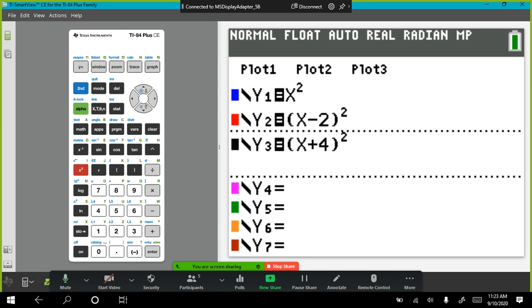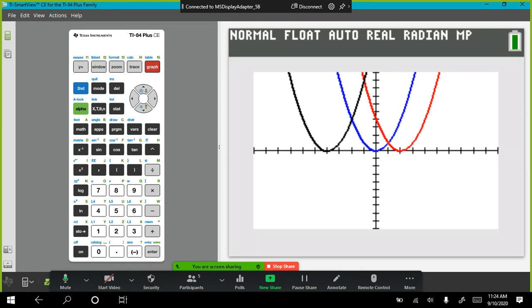You ought to be able to determine that when I add 4, that's going to shift it to the left, in a negative direction. So the side-to-side movements work opposite of how you would think. And notice that's what happens. When I added 4 to the x value, it shifted it to the left 4 units.